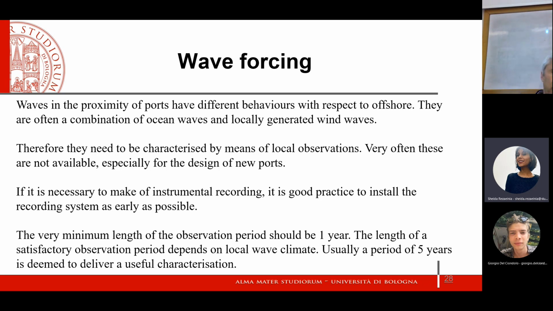You understand that when the reflected wave sums over the incoming wave, it may happen that the two amplitudes sum up. And therefore, the wave gets transformed and possibly amplified. It depends on the geometry of the harbor. And then what happens when the wave travels back to the ocean? Depending on the travel time, it can be reinforced by the waves coming from the ocean.